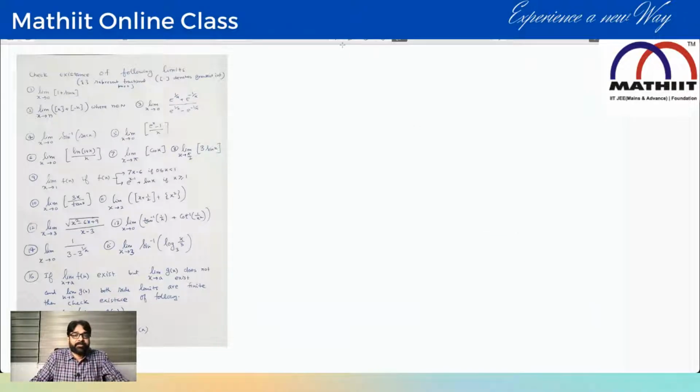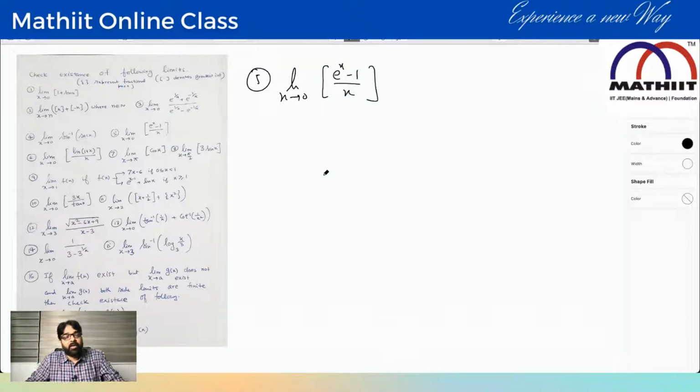Question number 5. Limit x approaches 0, greatest integer of (e power x minus 1) by x. One thing always remember. Whenever you have to check existence of limit, always check whether the limit is an indeterminate form. If it's indeterminate form, first step, convert it to a determinate form. So this limit, I will say either it exists or not.